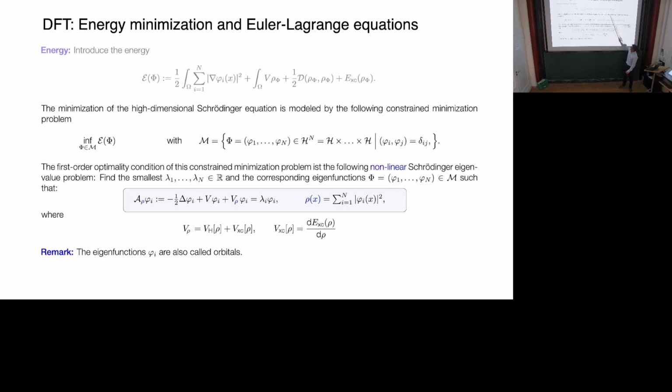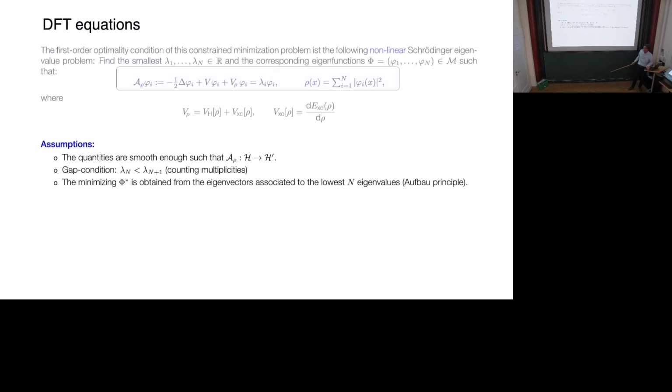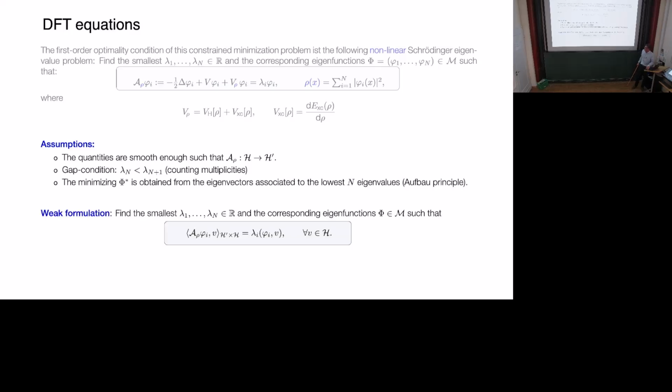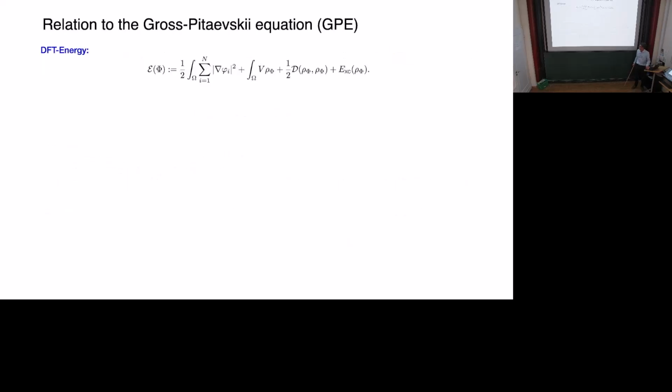If you have a quadratic energy, this is natural. But for nonlinear models, this is not clear, and that's what's called the Aufbau principle. And we assume it here. Good, this is some weak setting, I think it's clear.